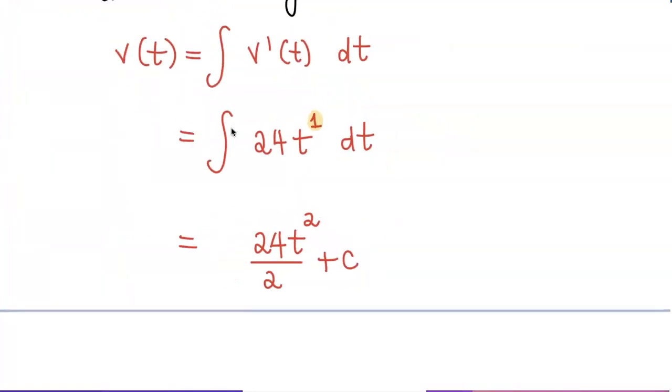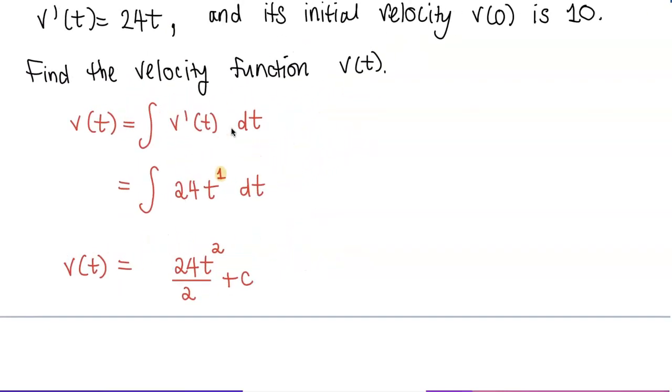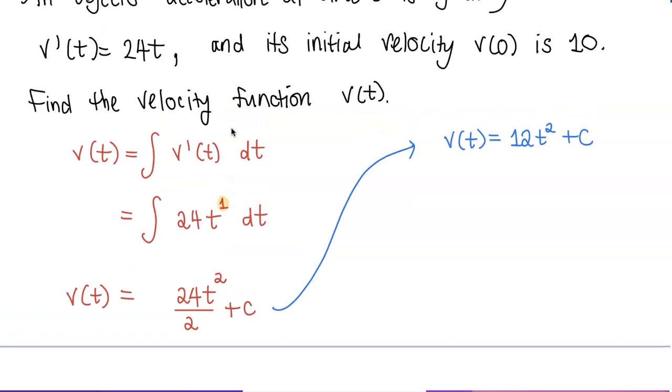What I just wrote down is the velocity function with that unknown value of c. So v of t is equal to, let me simplify this, 24 divided by 2 is 12, t squared plus c.